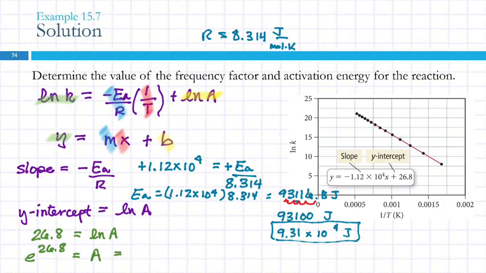We decided 3 sig figs was pretty good, so I'm just going to write down 3560. So that's the one we're going to keep, times 10 to the 11th. So I'm going to round that to 4.36 times 10 to the 11th.